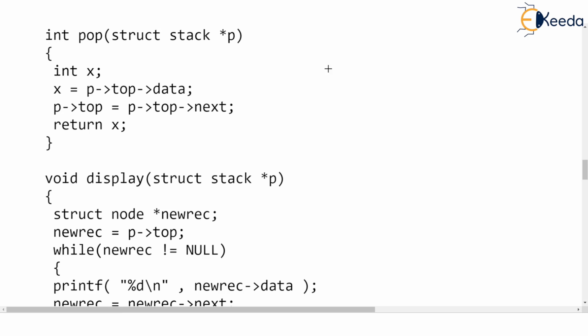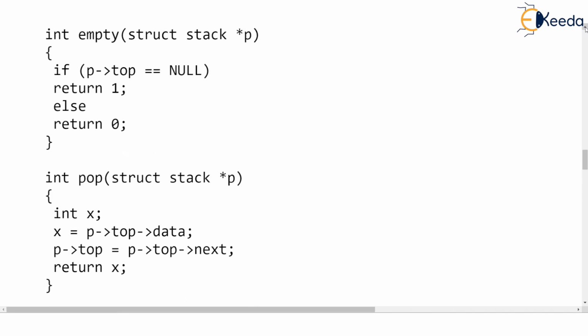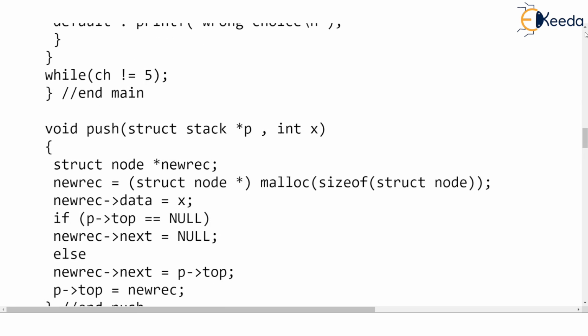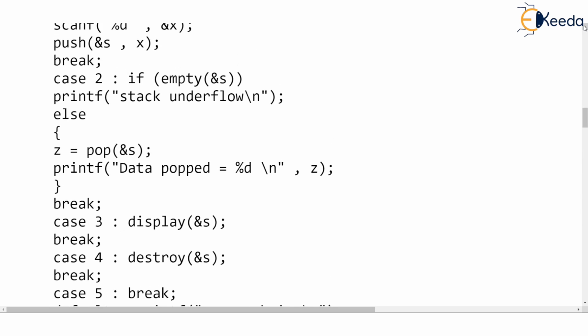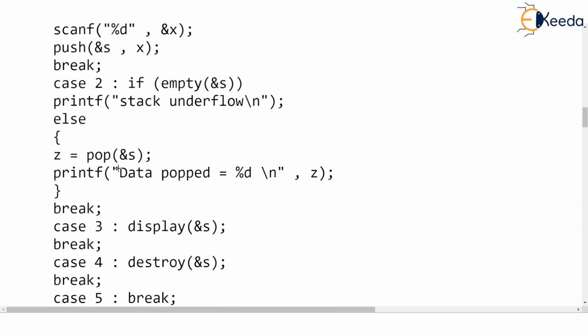It will be important, first of all, to see how is pop called from main. So let's go on top and see the menu driven main, in which you can see the call to pop function. Just check, we are calling the pop function. And while calling the pop function, we are passing again the address of s.